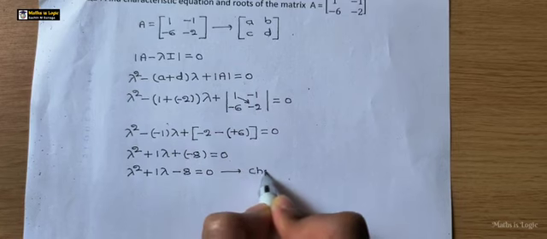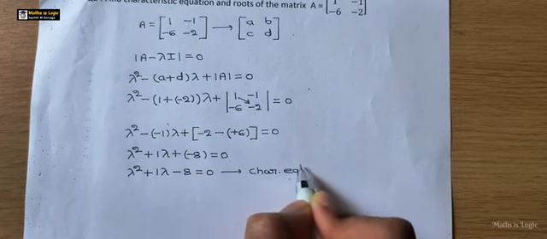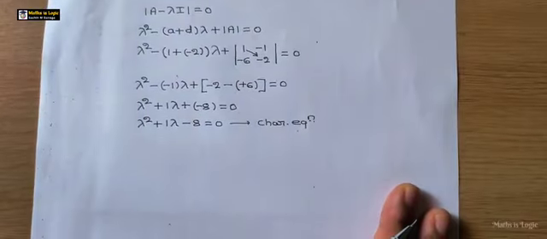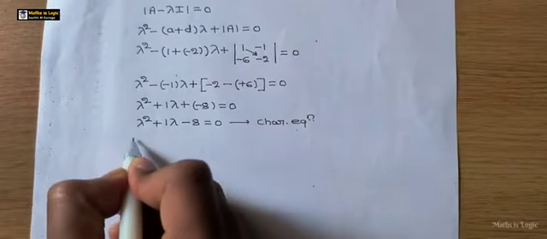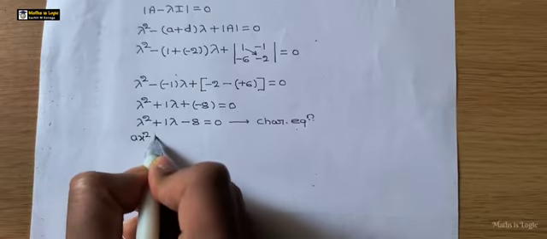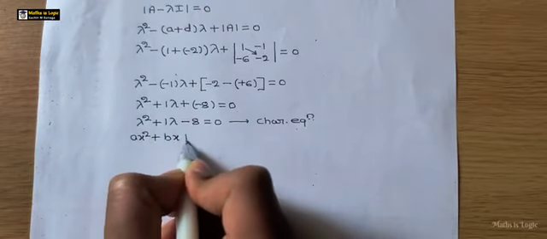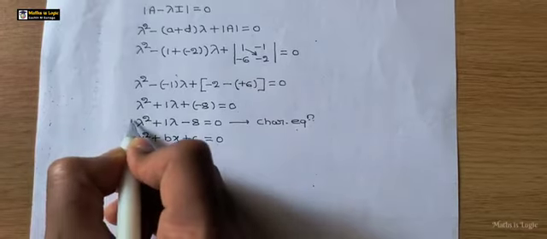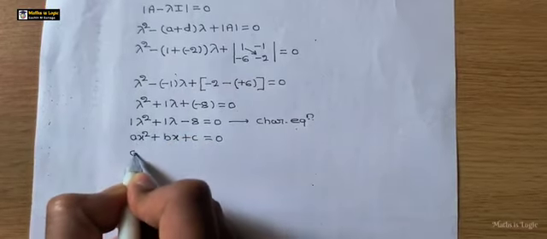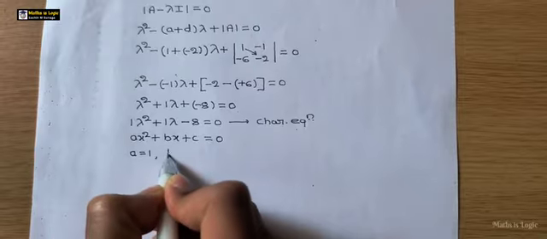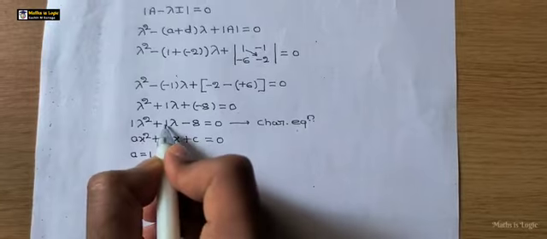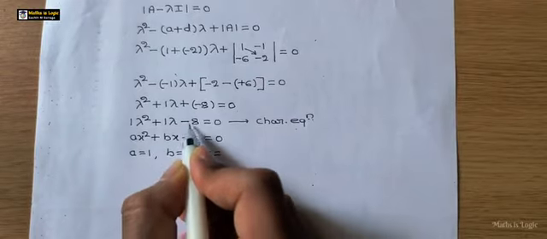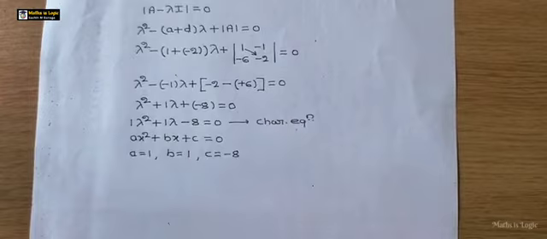So this is what we call it as characteristic equation. After getting the characteristic equation, so compare with standard form. What is that? Ax square plus bx plus c is equals to 0. Lambda square coefficient nothing means 1. So what is the value of a? 1. B is equals to lambda coefficient is plus 1, that is 1, and c value becomes minus 8.